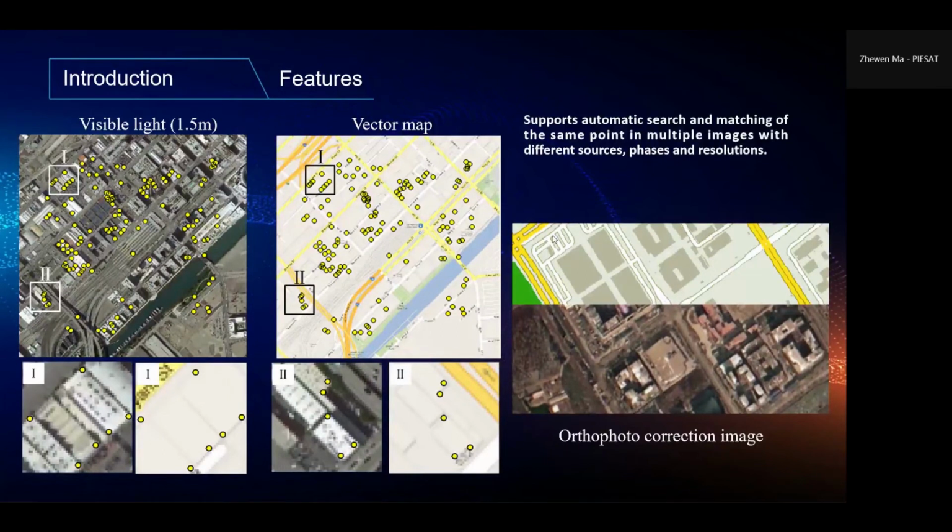So you can see PyAuthor is very powerful and accurate in finding typical ground features like the edges and lines of buildings or roads, especially for the same name point between different inputs.